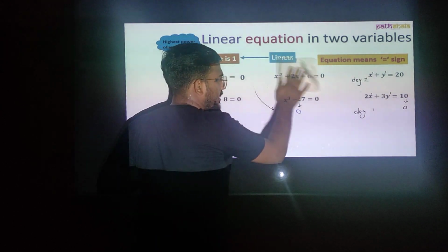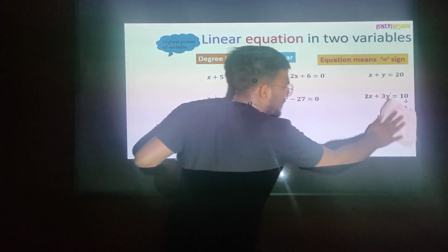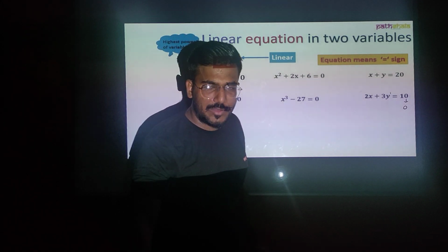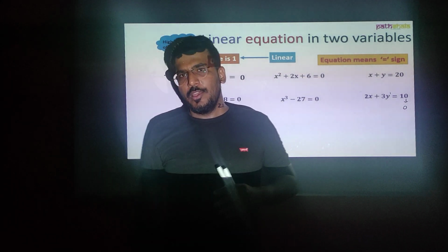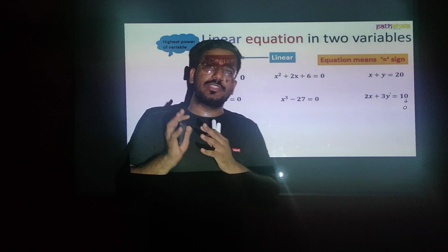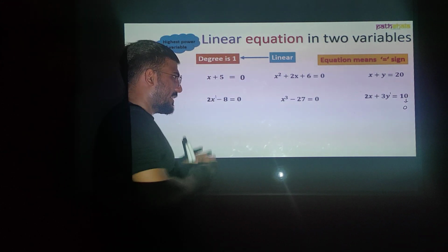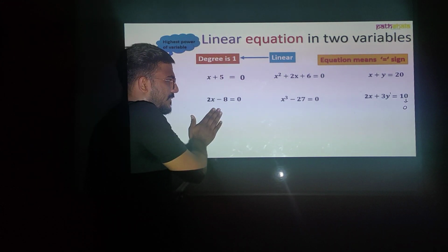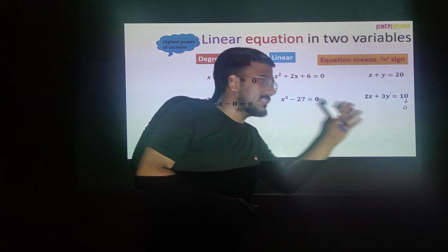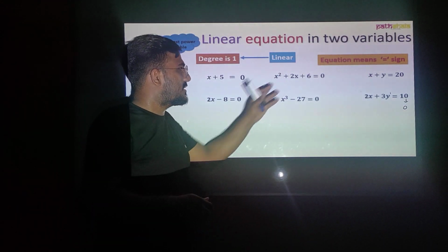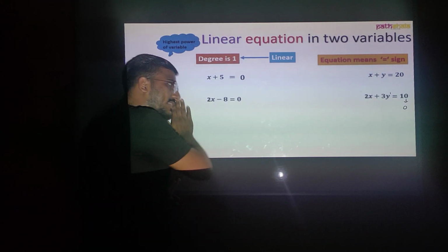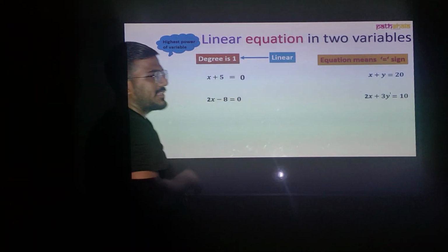So children, till now we have learned what we understand by the word equation and what we mean by the word linear. So we understood what a linear equation is. Can I say these are examples of linear equations, and this is not a linear equation? We have to study only such examples in this upcoming chapter.